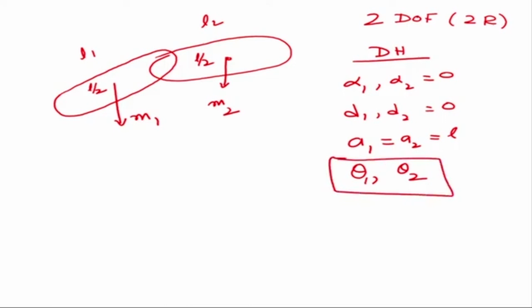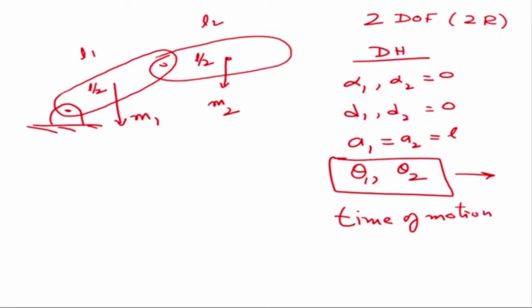We want to write the dynamic equation of this two-link manipulator system, which will go from an initial position to a final position, and find the torques acting at the joints. The two variables are theta 1 and theta 2, and we also have to specify the time of motion.